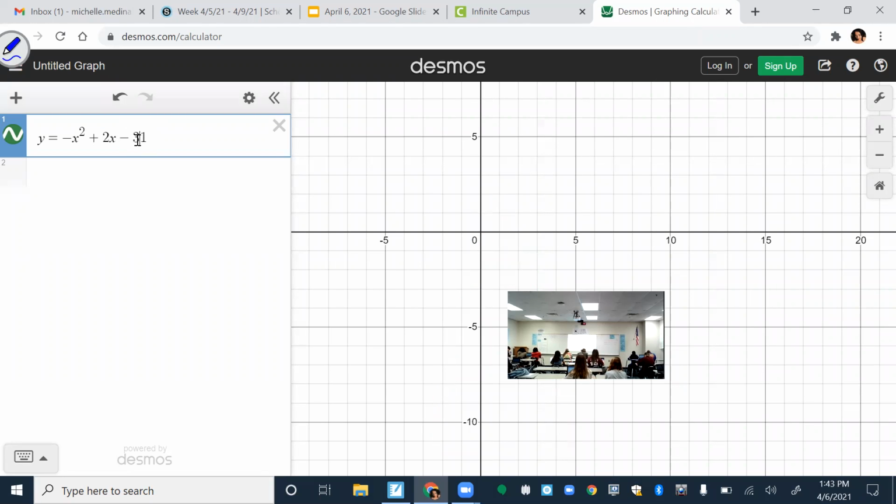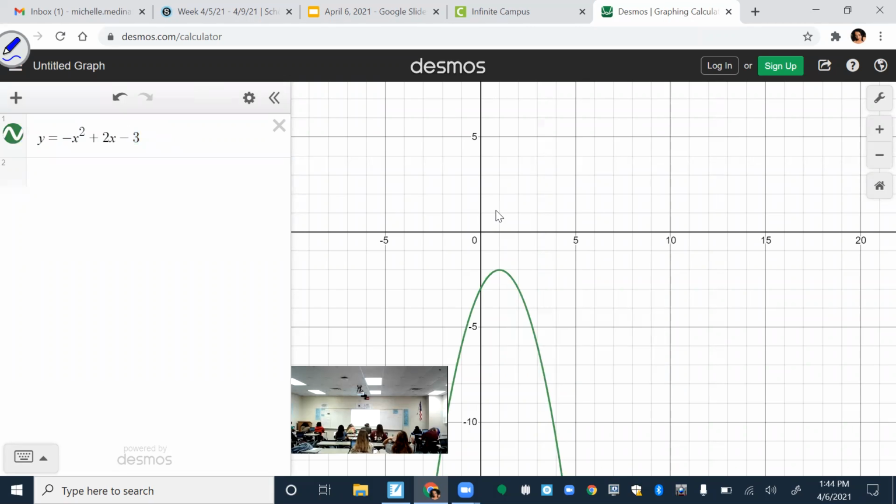All right, so when you graph number 3, here's what it looks like. Exactly how it looks on my paper into the little box on Desmos. And how many times does my parabola touch the x-axis? 0 times. So how many solutions do I have? All right, no solution.